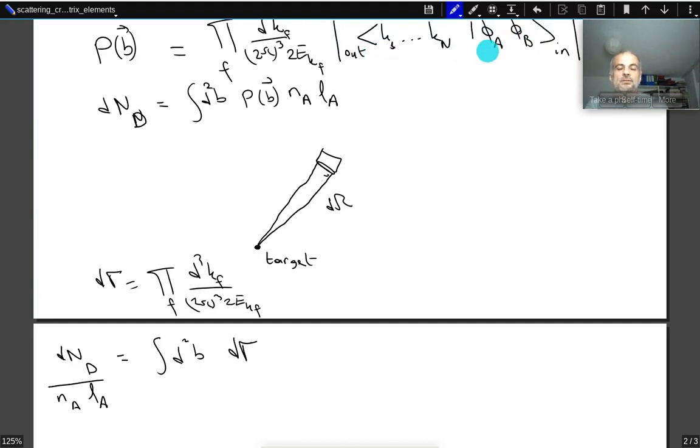I will have integrals over these wave functions of the ingoing particles. So let me write it as d cubed ka, d cubed kb. Since I'm taking the absolute square, there will be two of them. Let me denote the conjugates by prime. And each one of these comes with a factor 2 pi cubed.